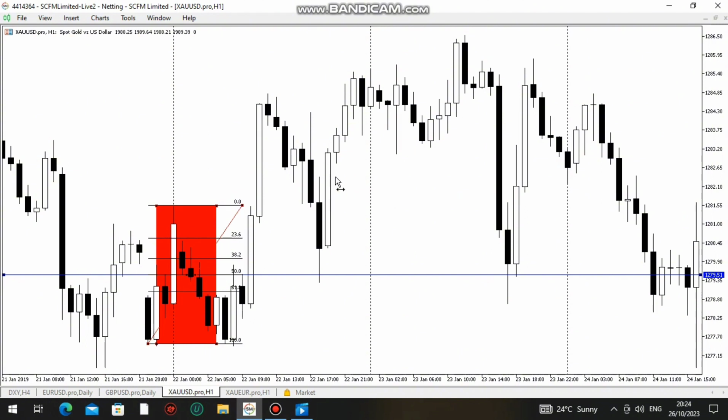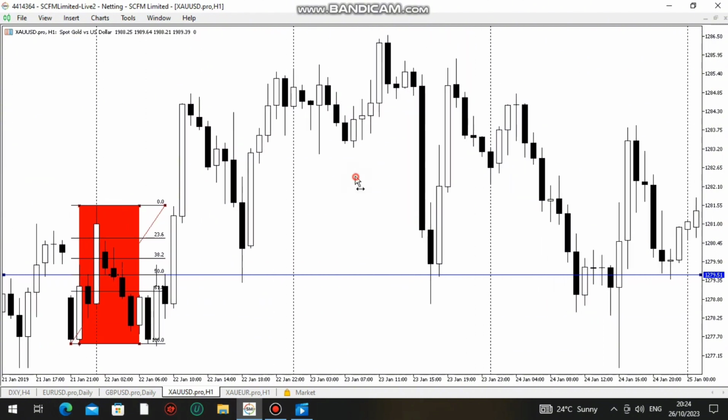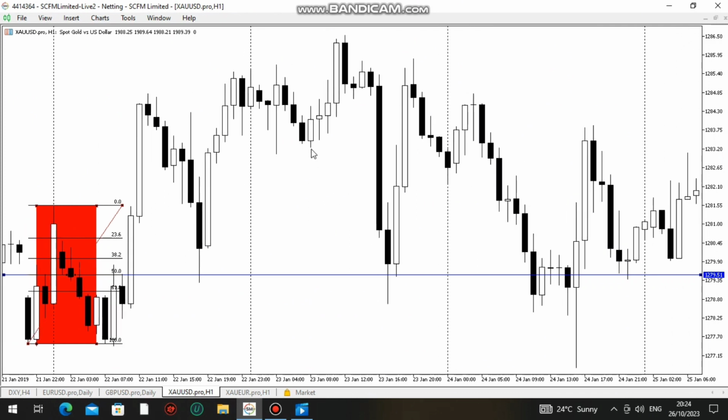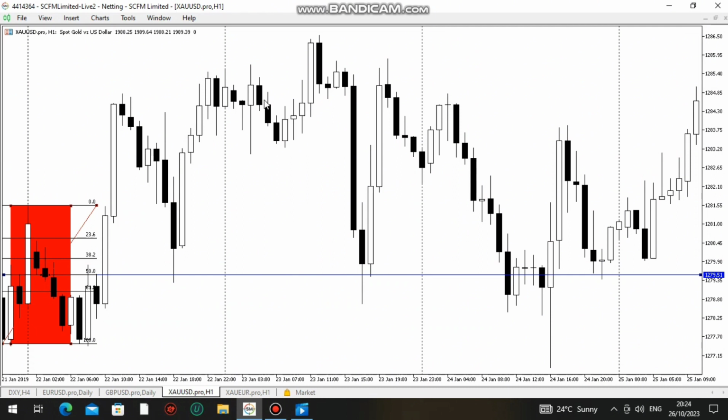Now let us see how it works on a bearish scenario. Now a bearish breaker block, for a bearish breaker block, price goes downwards, clears the upward side, clears the buy stops, then expands to the downside.